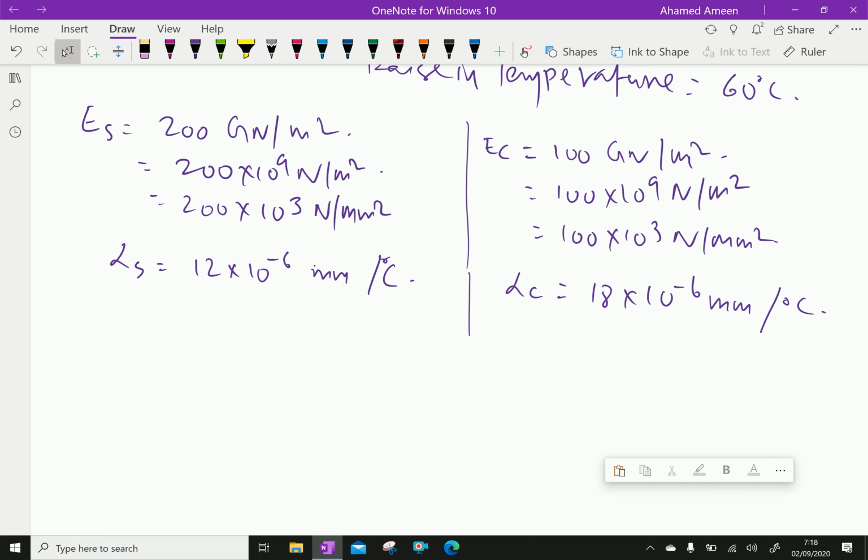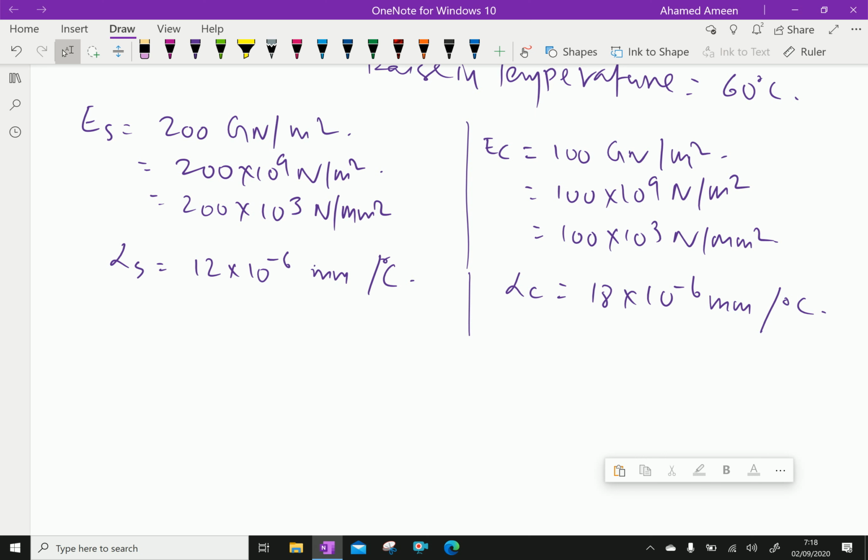When there is a rise in temperature, but the ends of the rod and the tube are fixed to the rigid plates and the nuts are tightened on the projecting parts of the rod, the two members are not free to expand because it's tightened on both sides. Hence the tube and the rod will expand by the same amount.